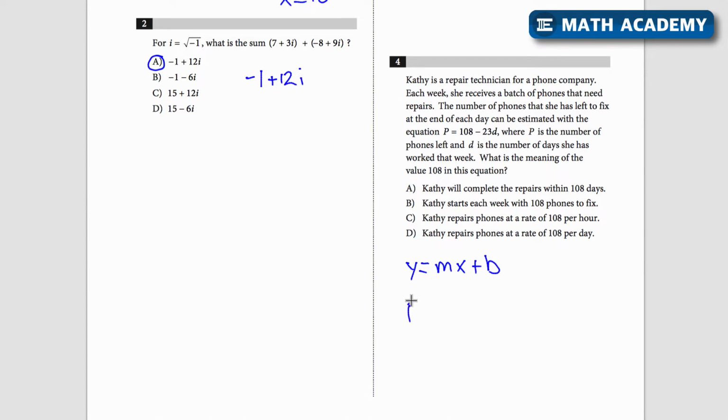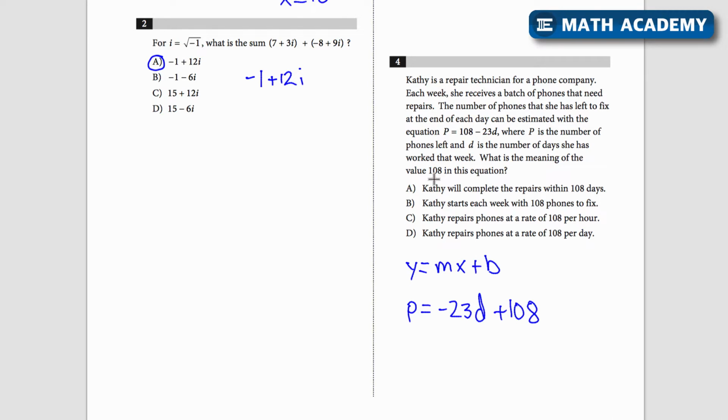Well, we have P is equal to negative 23D, the rate of change, which means every day there are 23 fewer phones she has to fix, and then plus 108. So 108 is going to be the value when D is 0. So when 0 days have passed, she will have 108 phones left to fix.